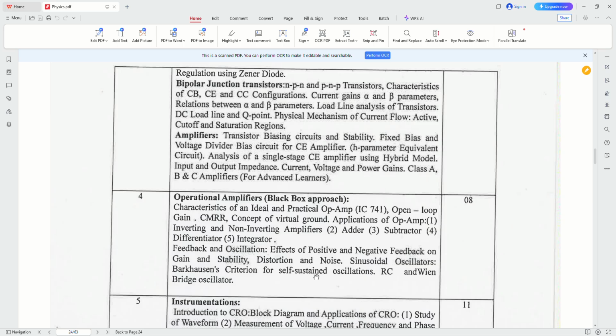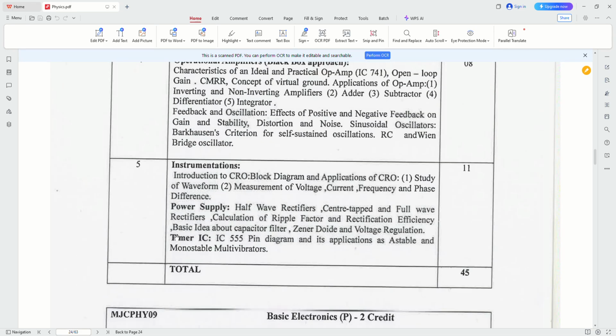self-sustained oscillations, RC and Wien bridge oscillator. Instrumentation: introduction to the CRO, block diagram and applications of CRO, study of waveforms, measurement of voltage, current, frequency and phase difference.